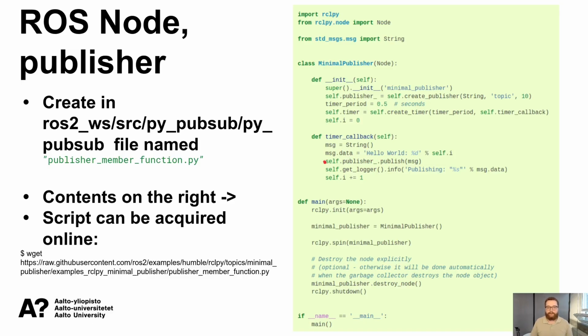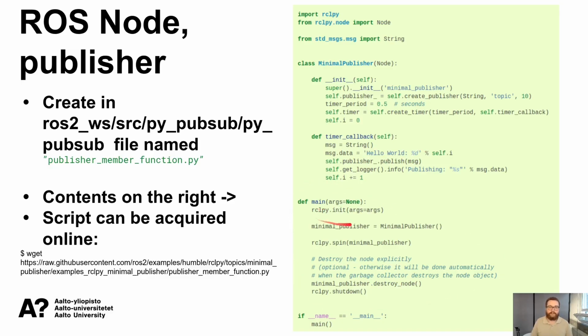And then here we are doing the actual publishing. So remember this method is called at specific time intervals. Here we are using the publisher to publish this message, so the string of hello world with the incrementing number. And here we are simply creating a main function.